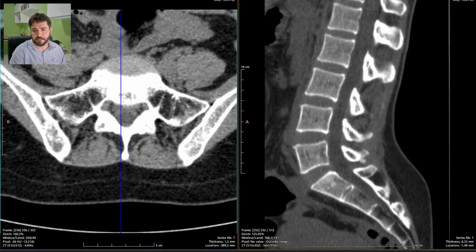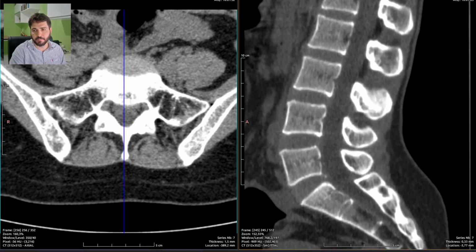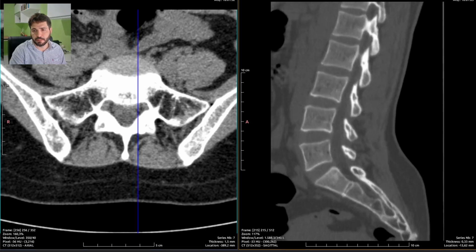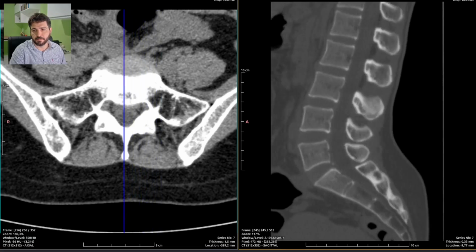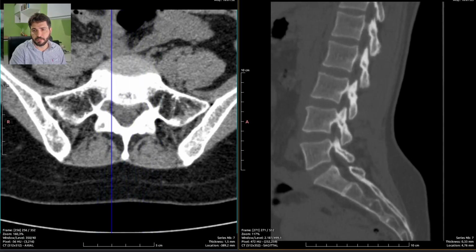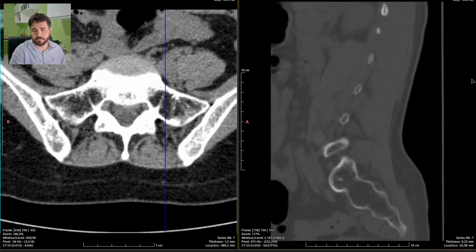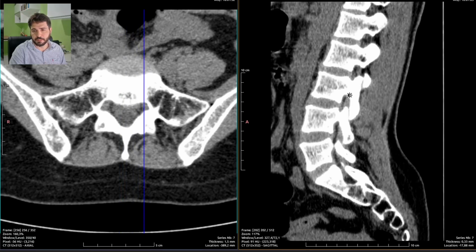Maybe tiny osteophytes right here. Nothing major, we could just skip that. Facet joints seem preserved. Spinous processes are normal.